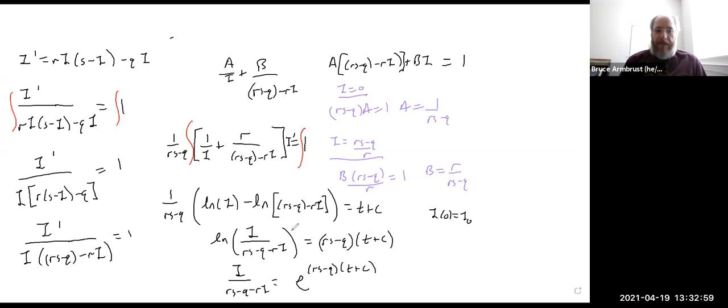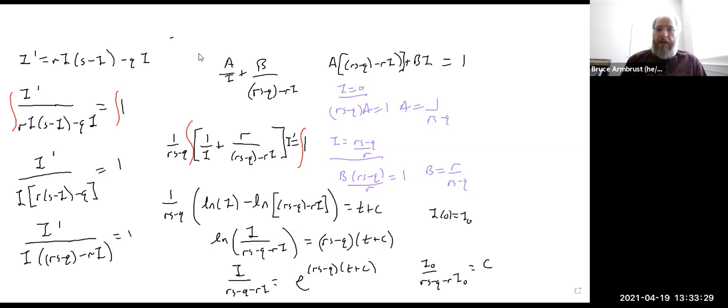And now we can plug in 0. So we're going to get I naught over (RS minus Q minus RI naught) equals some new C, because this is going to be e to a bunch of garbage.